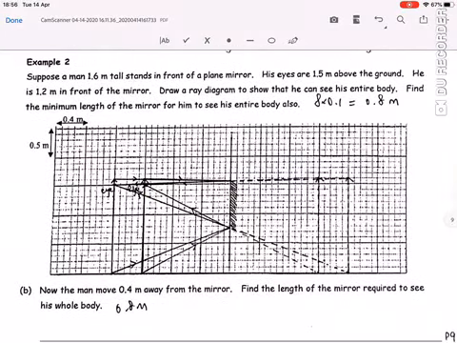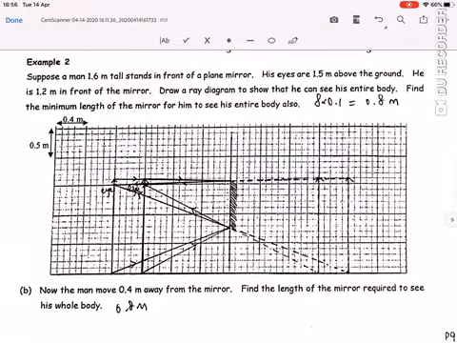Now in here, example 2. Example 2 is in here, with the same idea of what we are doing in the previous example 1. Now in here, this person is 1.6 meters tall, and 1.6 meters is a little bit above the 16 squares, to be exact.